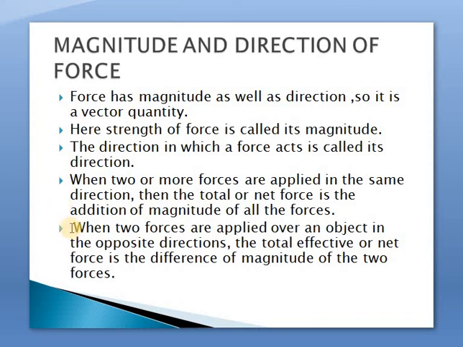But when two forces are applied over an object in opposite directions, the total effective or net force will be the difference of magnitudes of the two forces. It means if a force of 5 Newton is acting on a body from one direction, and another force of 3 Newton is acting opposite to the previous force, then their resultant will be 5 minus 3, that is 2 Newton.